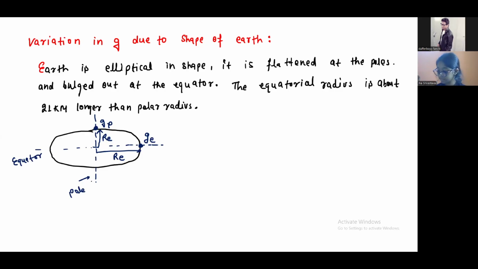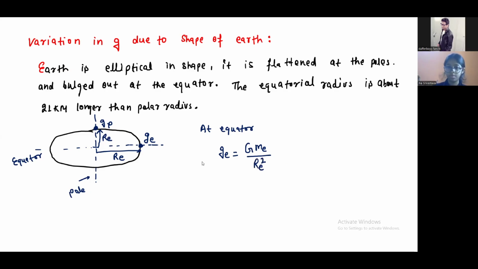Now we are taking the value of g at the equator. The value of g at the equator is G, mass of the earth, which is not changed because this is the planet, but the radius of earth is changed, that is RE square.